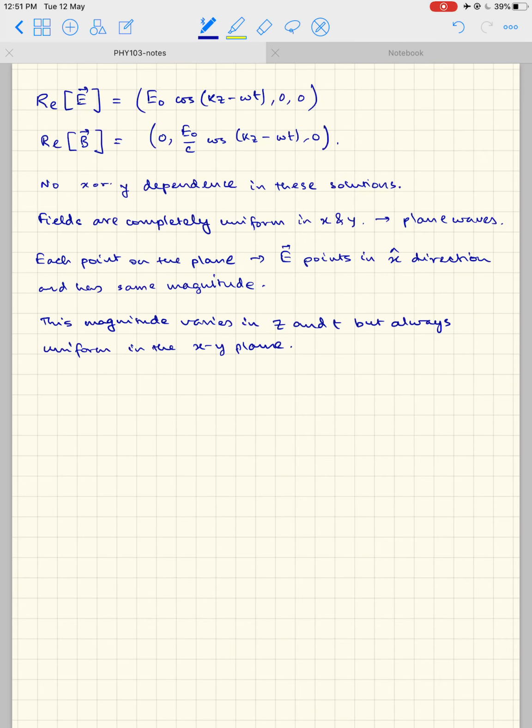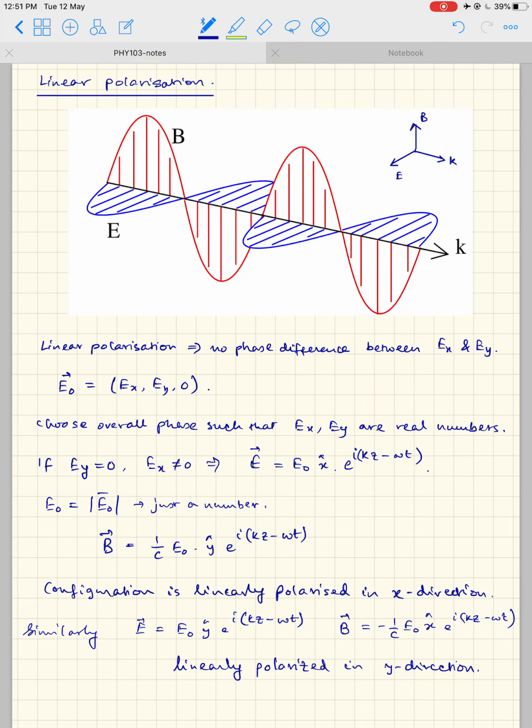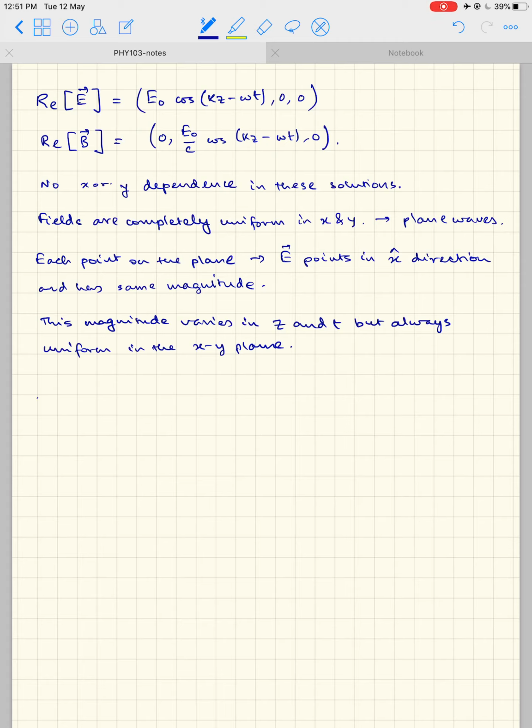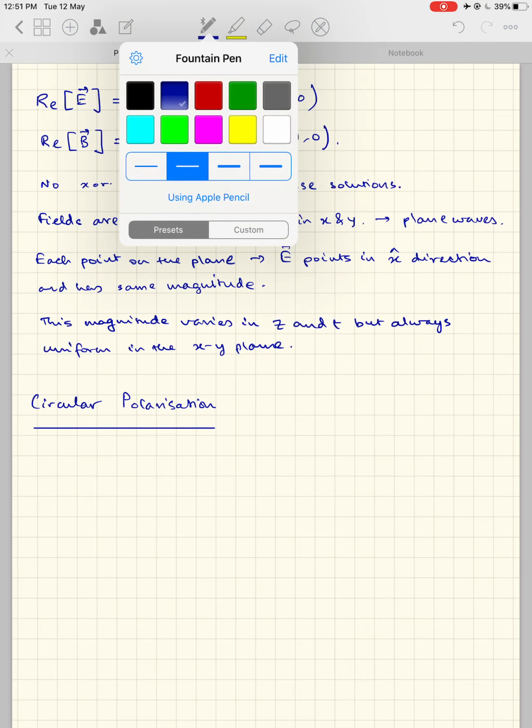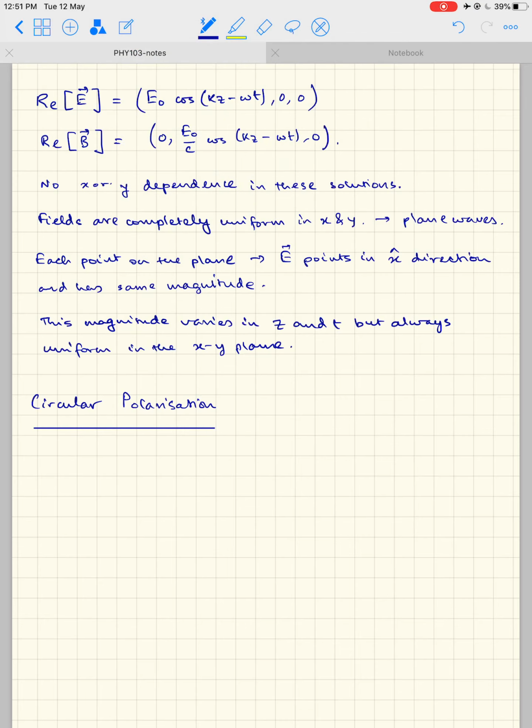Now we'll move on to circular polarization. What happens when the components of the electric field are not in phase? First, suppose they have the same magnitude but are a quarter wavelength out of phase.